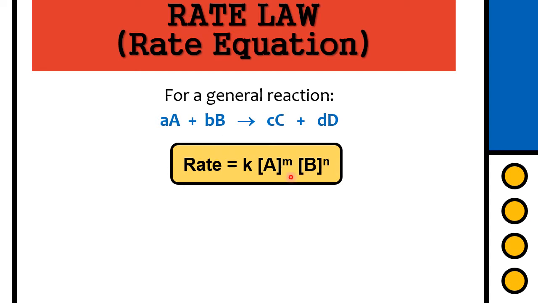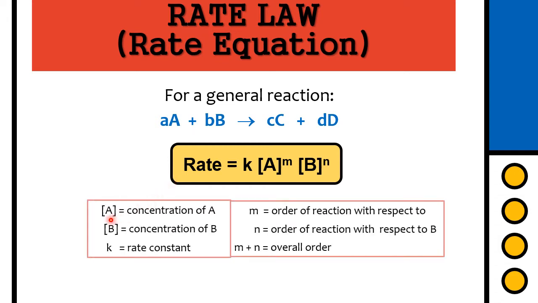So let's take a look at this equation. What terms do we have here? A is the concentration of A, B is the concentration of B, and k, which you are familiar with, is a constant.